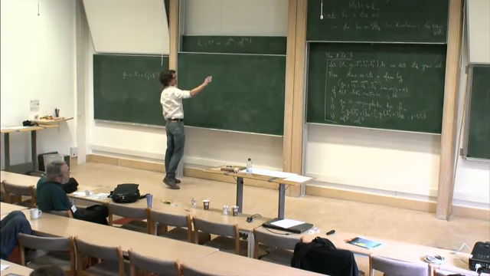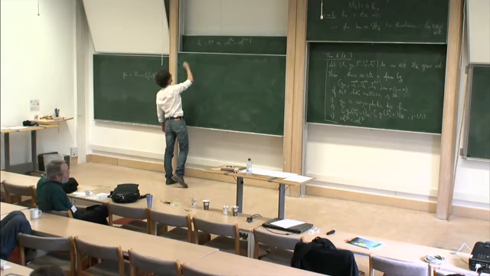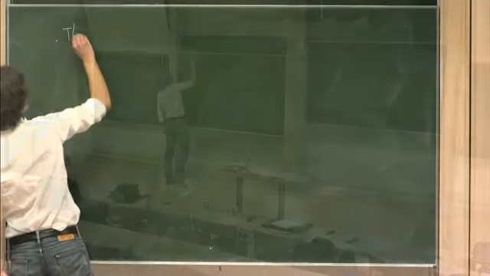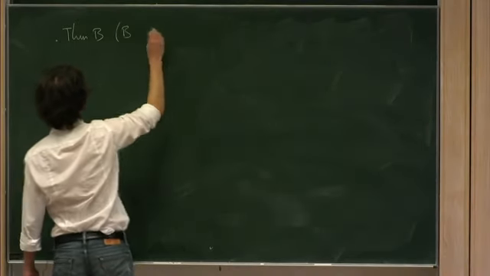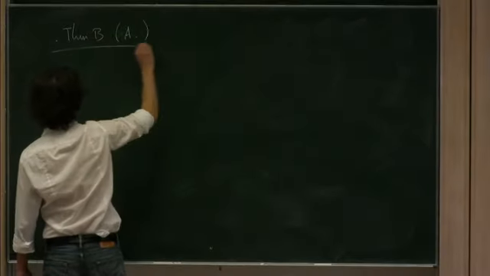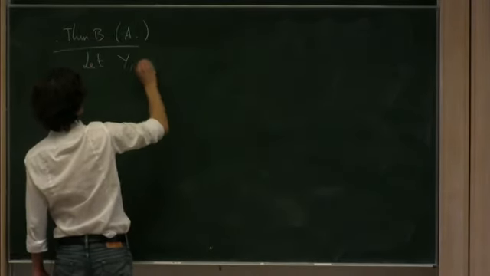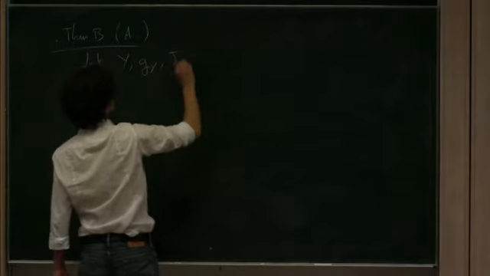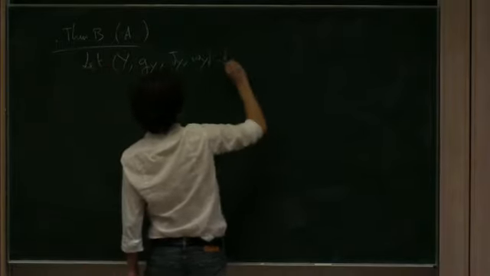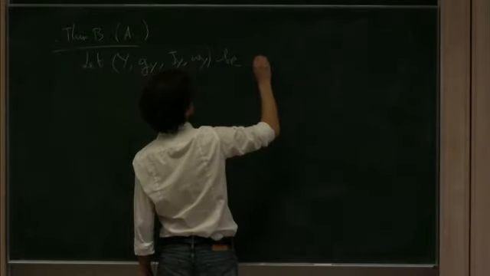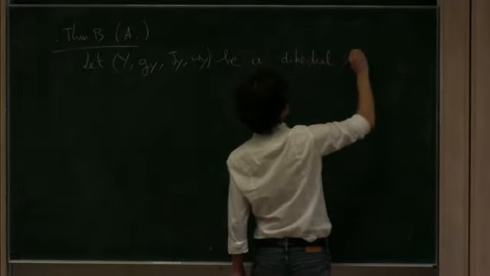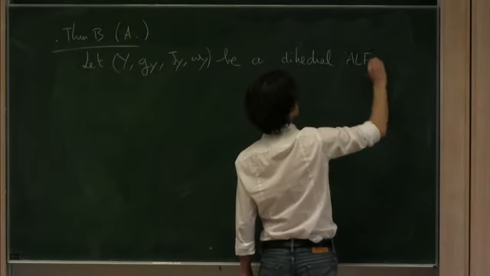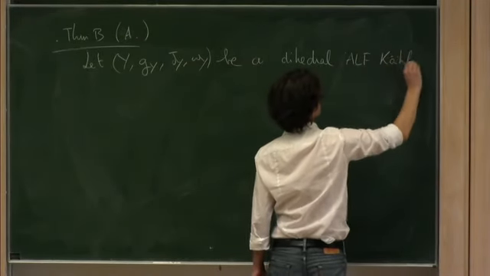So this theorem A heavily relies on the following. Theorem B, which is one of the main analytic tools in this construction. So let Y, gY, JY, omega Y be a dihedral ALF Kähler manifold.